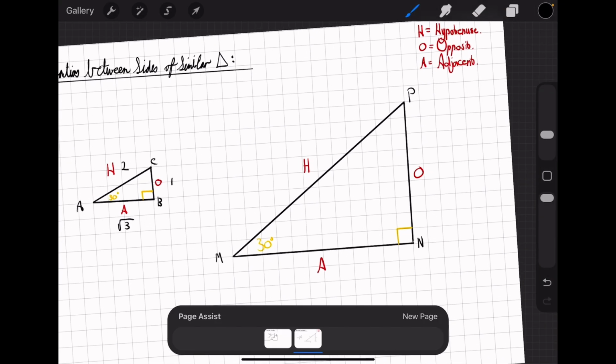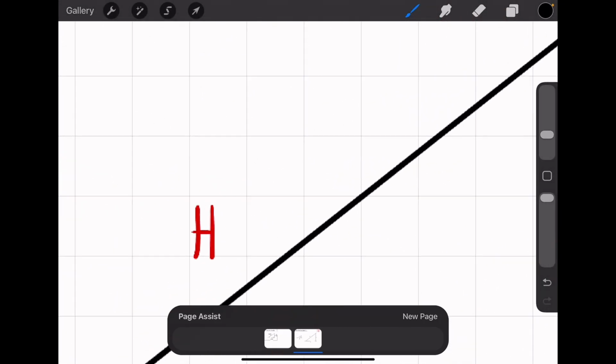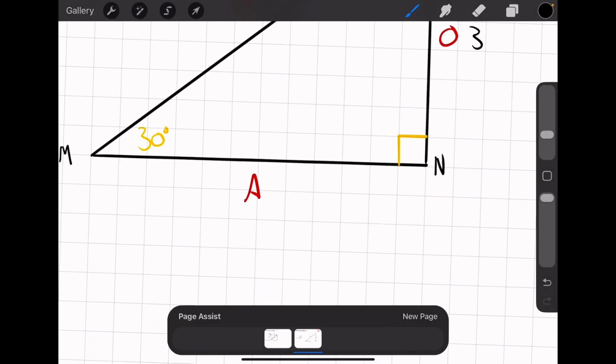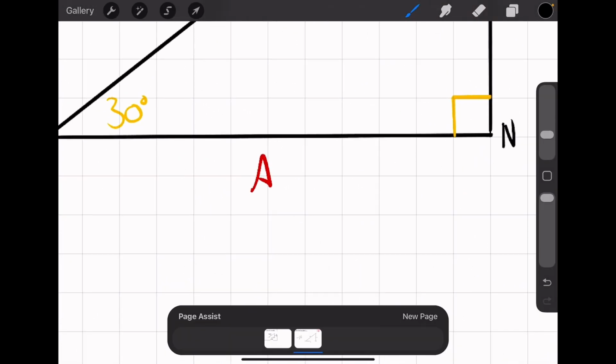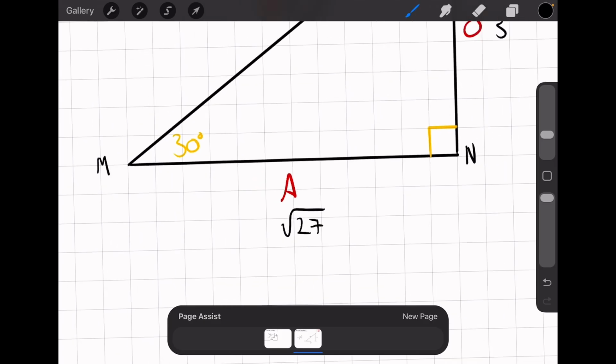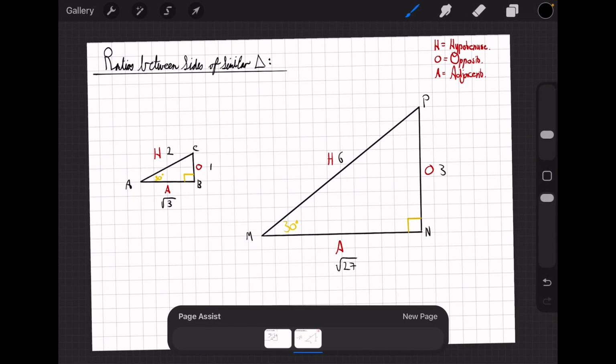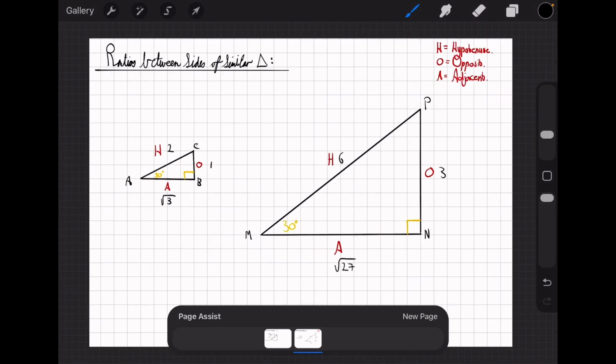In the larger triangle, the hypotenuse is equivalent to 6, the opposite side is equivalent to 3, and the adjacent side is equivalent to the square root of 27. And also notice that angle A and angle M are equivalent to 30 degrees.